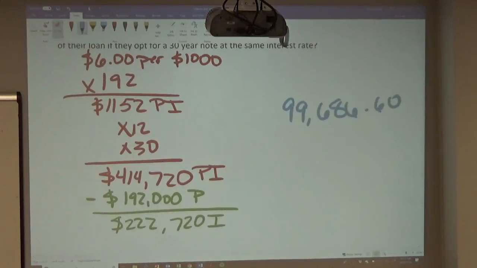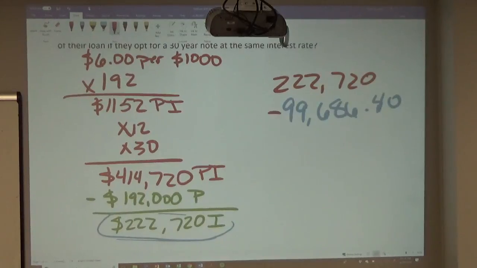Sorry. And on this loan, we paid $222,720 in interest. So we can subtract the two. 222,720 minus 99,686.40.